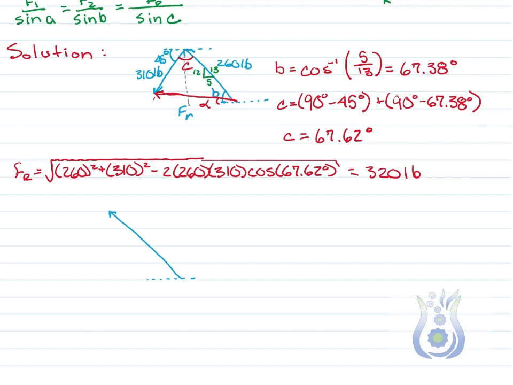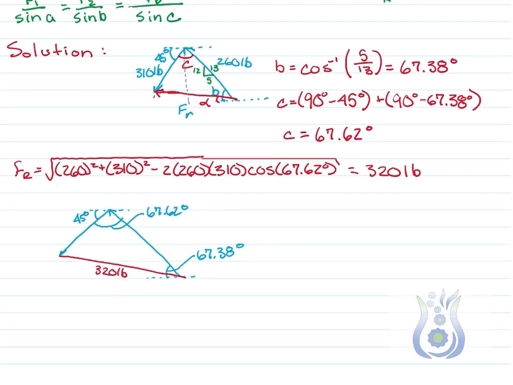Now it's best to redraw the force triangle so that you can clearly see what you've already calculated and what you still need to calculate. We've already calculated our resultant force, but we still need that theta. Now you have the internal angle at the top of 67.62 degrees, and the angle at the bottom is 67.38 degrees, measured from the horizontal.